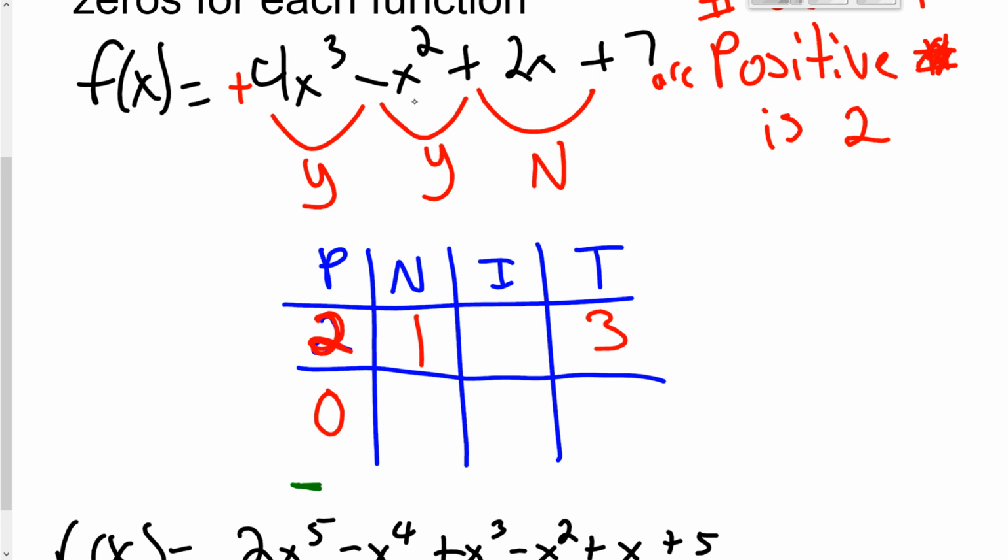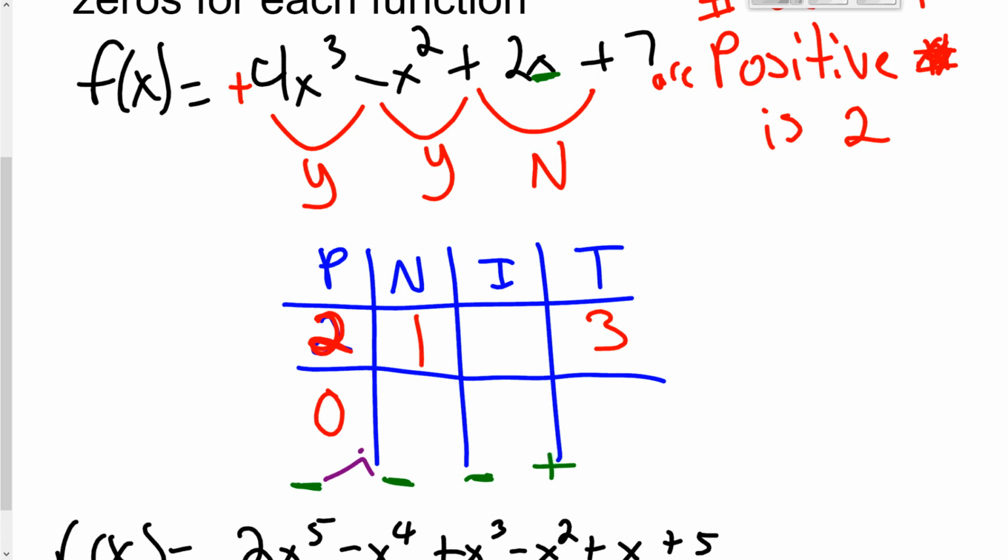If I plug a negative into the second term, the negative squared is a positive, and a positive times the coefficient is negative. So the coefficient of the second one will be negative. If I plug a negative into the x here and times it by 2, that coefficient will then turn negative. And then I can't plug it in on the +7 because there's no x, so that constant will remain positive.